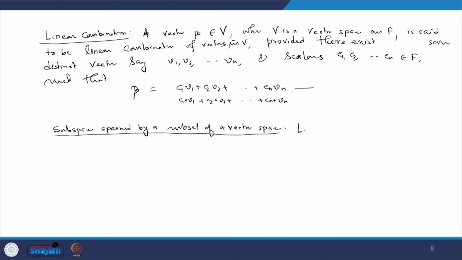Let V be a vector space over field F. Let S be a subset of V. I am not saying that S is a subspace of V, I am simply saying that it is a subset of V, please.